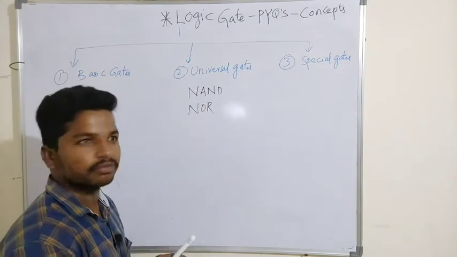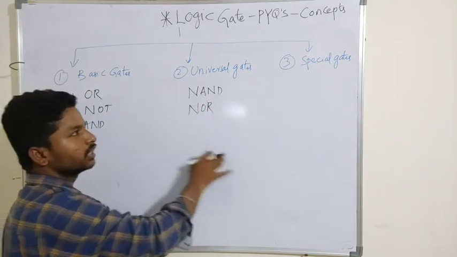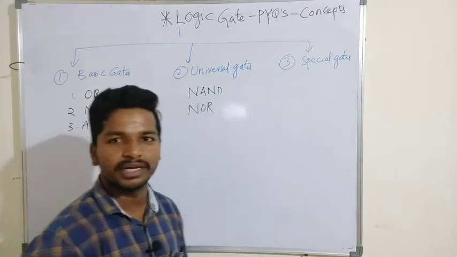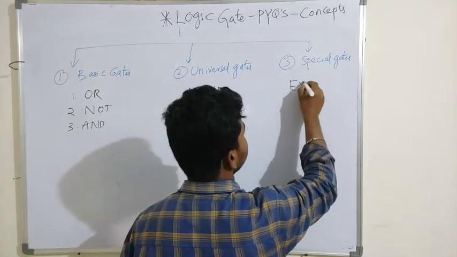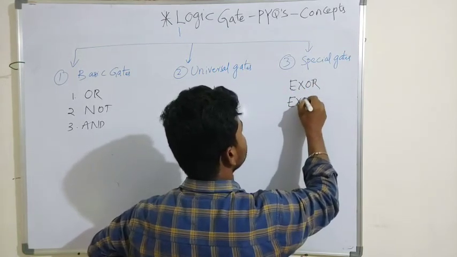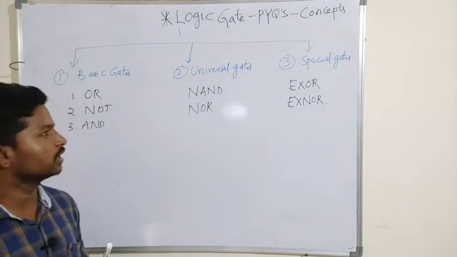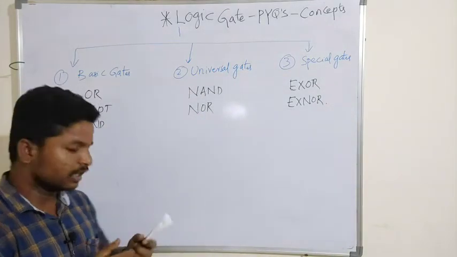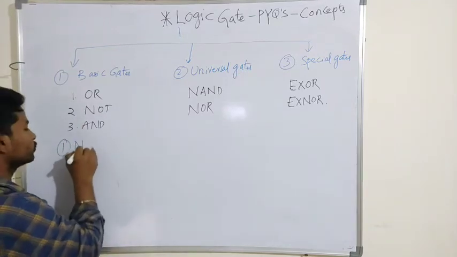Because of that, these gates are called universal gates. The special gates are the XOR gate and the XNOR gate. So this is the basic classification of the gates. Let's start with the basic gates, beginning with the NOT gate.